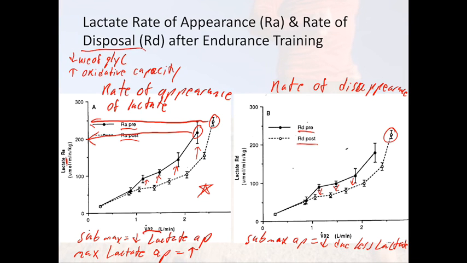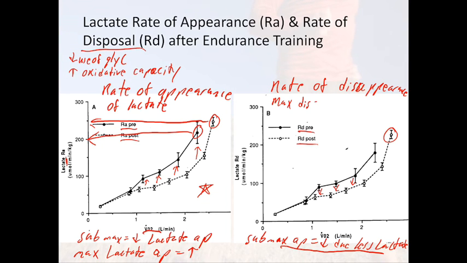Those are the two biggest ones, right? Since the body can use the oxidative system more because it's more powerful and we have more capacity with it, then we're going to use that one more, and that means we can automatically use the glycolytic system less, right? So that means there's less to appear.